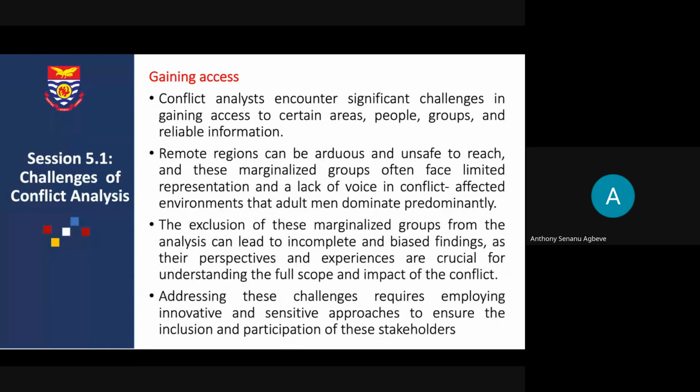And then also another issue is gaining access to the community can become very challenging. So for example, in an instance where you have to cross a river before you even get to the community, that can become a challenge where there are no boats, there are no canoes. Or there's flooding, it has rained and there's flooding, right?